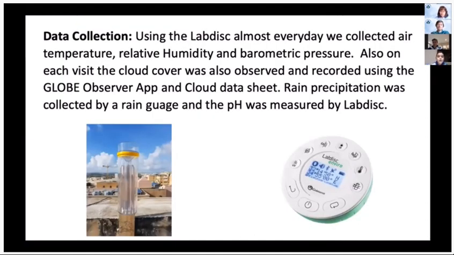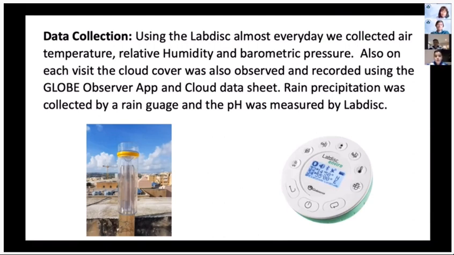Now we are using the lab disk, which is the GlobalSense lab disk, almost every day. We check barometric pressure and humidity, as I've said. Every single piece of data that we have gathered was recorded via the Globe Observer app and the cloud data sheet.